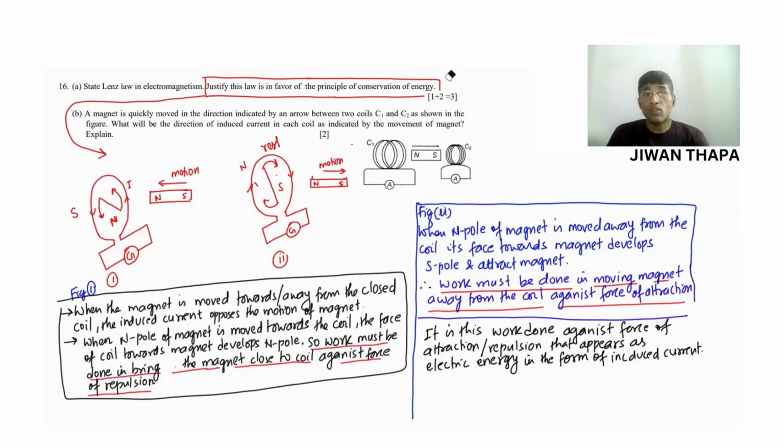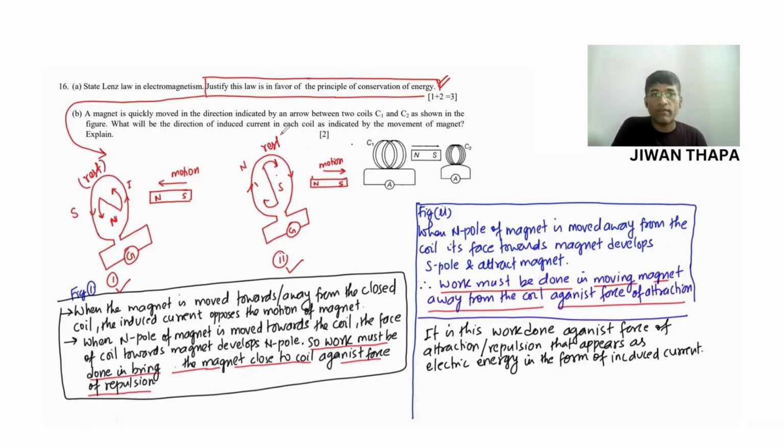Justify that Lenz's law is in favor of the principle of conservation of energy. So we want to verify this. Let us consider figure 1 and figure 2. We have a coil connected to a galvanometer in figures 1 and 2, and let us take the coil at rest.